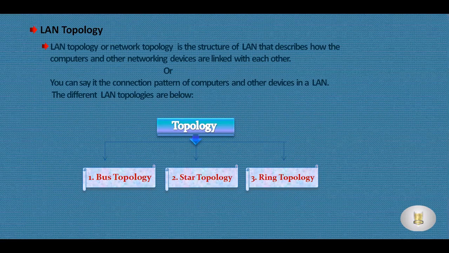Or in other words, the connection pattern of computers and other devices in a LAN is called LAN topology. Here we will discuss three types of topology, which you can see in the diagram below: bus topology, star topology, and ring topology.